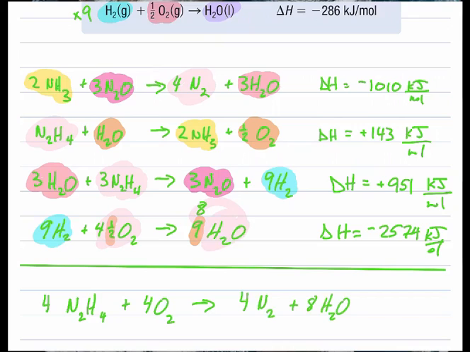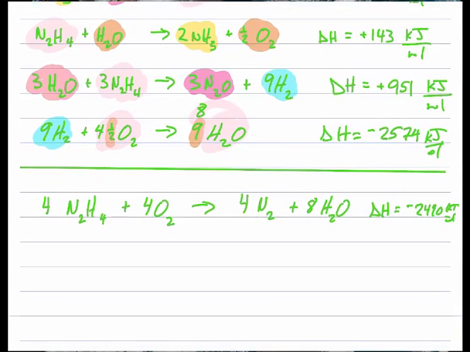And our total delta H is going to be negative 1010 plus 143 plus 951 plus negative 2574, which gives us a delta H of negative 2490 kilojoules per mole.